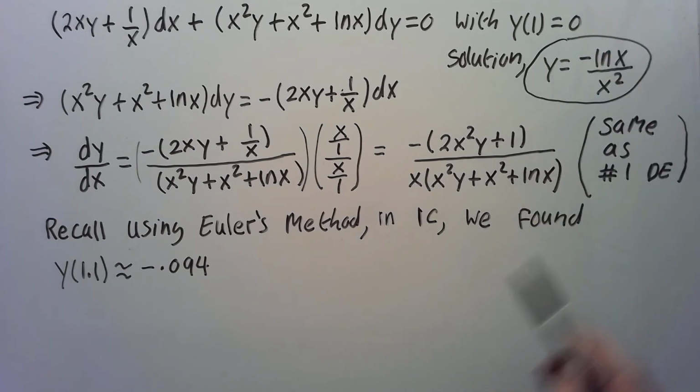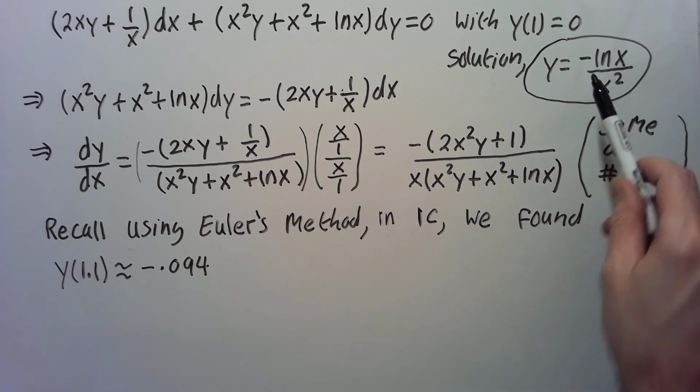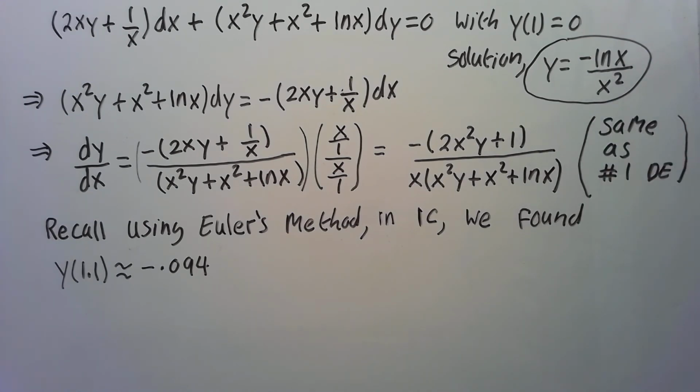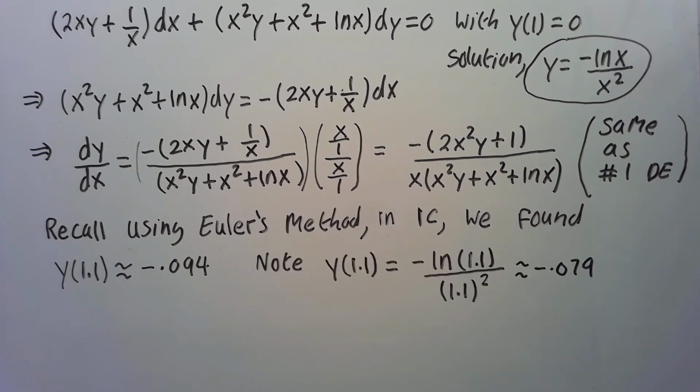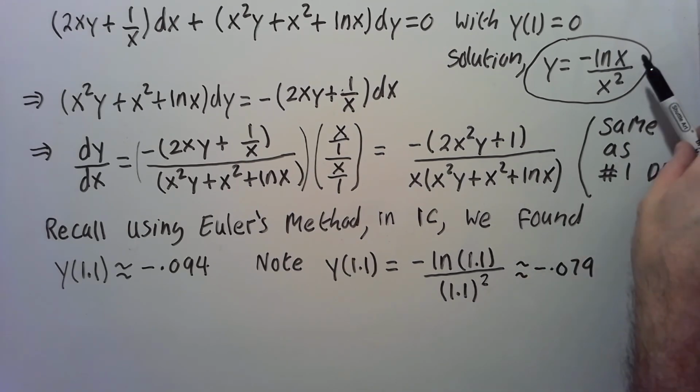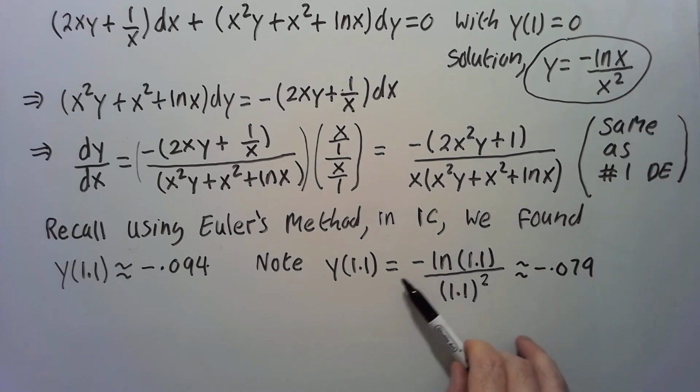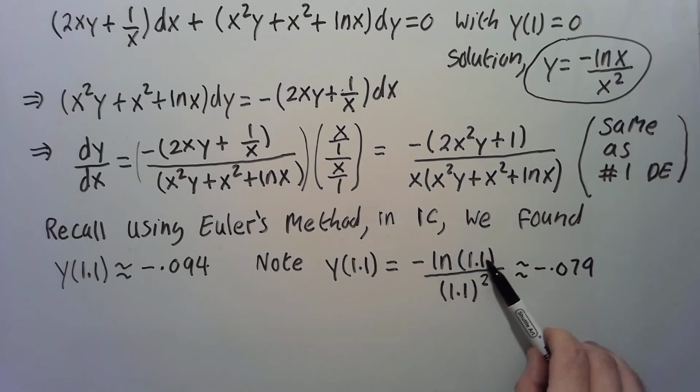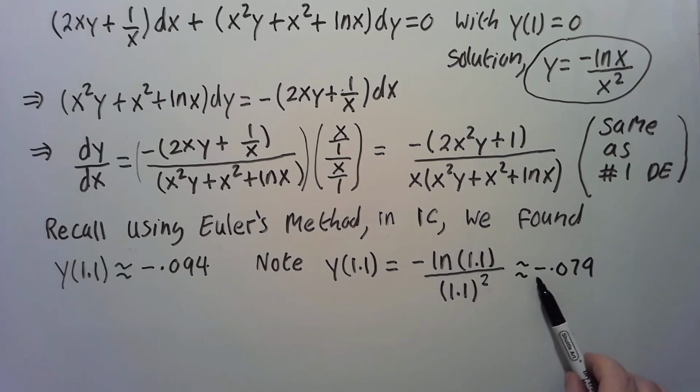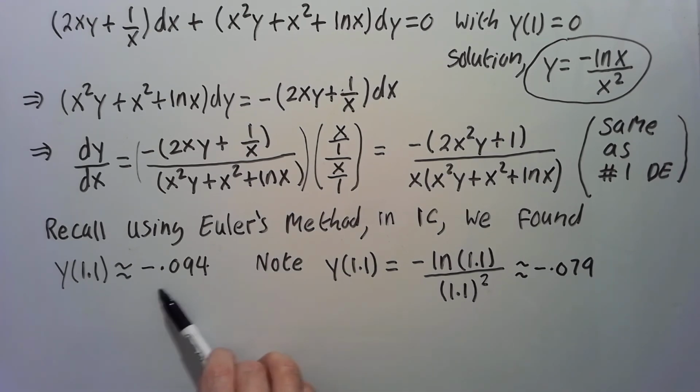So let's evaluate our solution at 1.1. So now we can find the actual value at 1.1 because that's our solution up here. So I'm going to put 1.1 in place of x here and here. So I got minus natural log of 1.1 over 1.1 squared. And you can check if you put that in your calculator, it's roughly equal to negative 0.079. So these answers are fairly close.